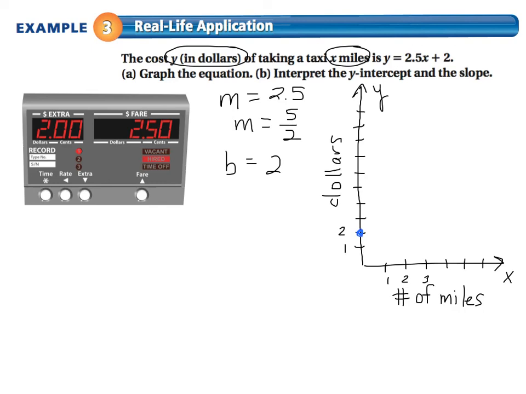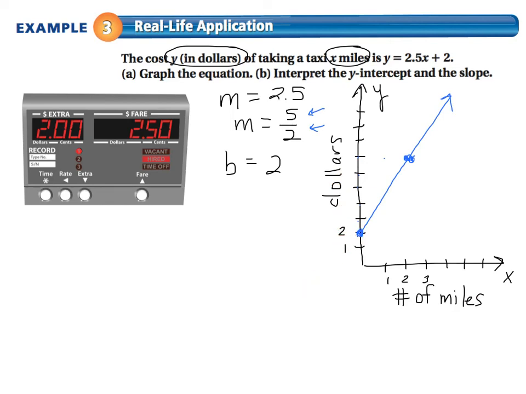From there, my slope goes up 5, right 2. So up 5, 1, 2, 3, 4, 5, right 2. Now when I graph this line, you are going to note that I'm not going to draw an arrow going downhill on the left. The reason is because we're talking about positive number of miles and dollars that are positive, so there's no need to go to the left.